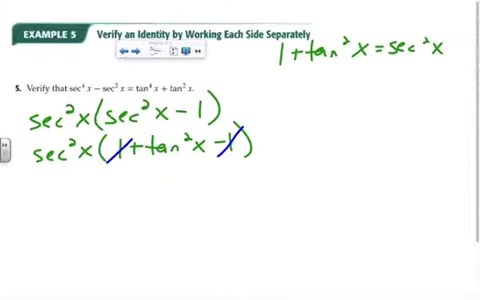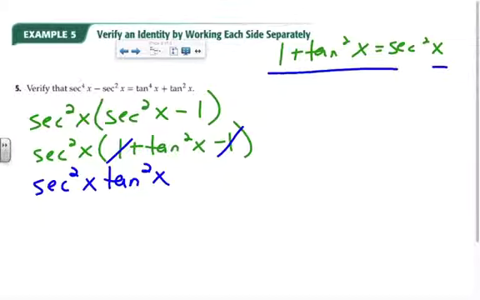These are going to conveniently cancel out, and I'll have secant squared of x times tangent squared of x. And some of you might already realize that you're going to use this in order to get the left-hand side to equal the right-hand side.